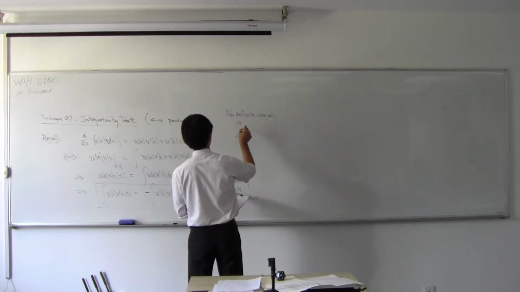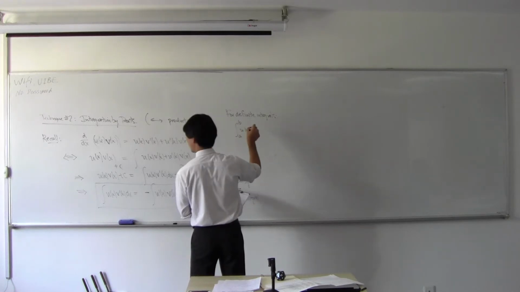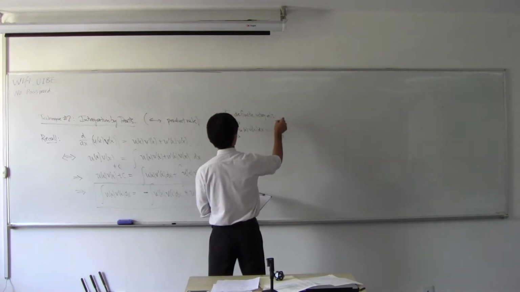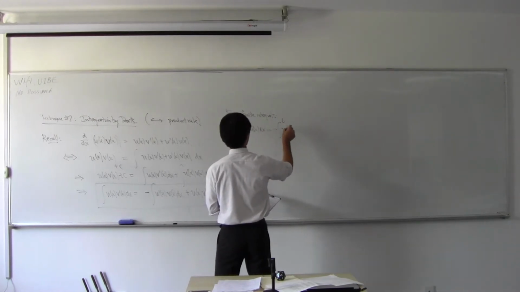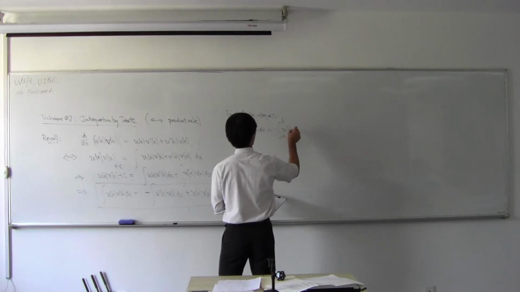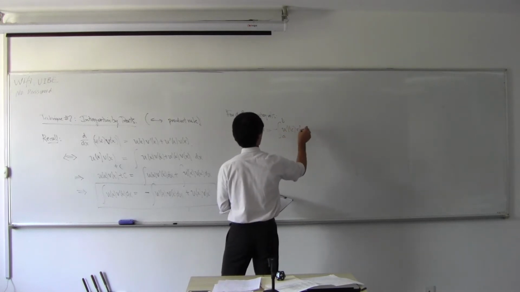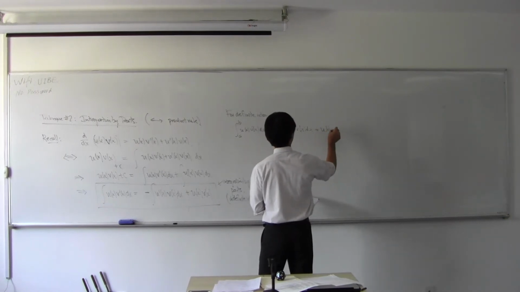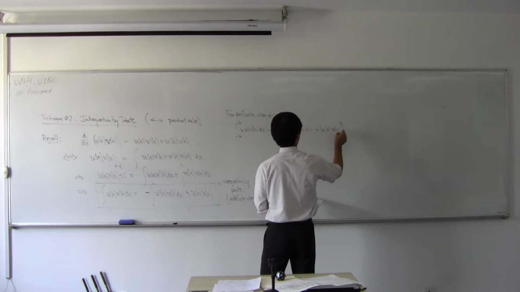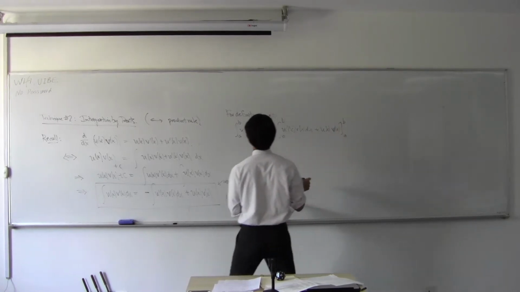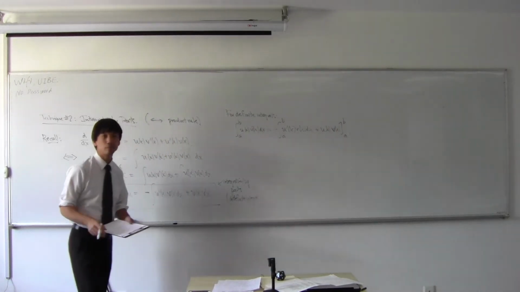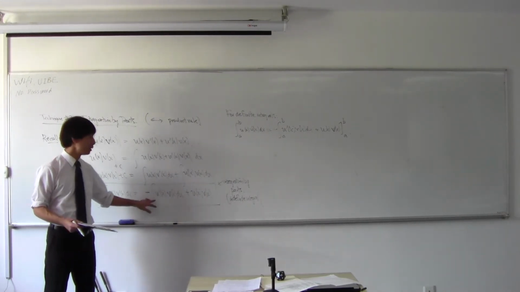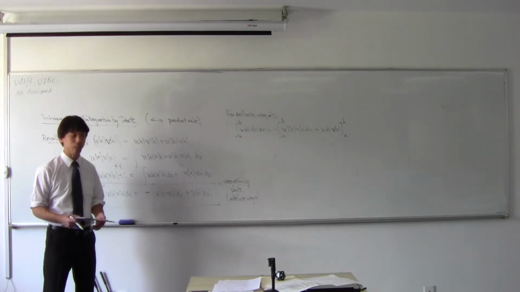The definite integral of u v prime equals negative the indefinite integral of u prime v, plus u v evaluated between a and b. So you take this thing and then evaluate between a and b.